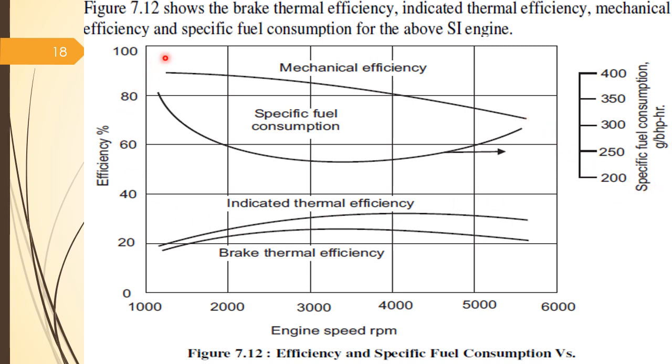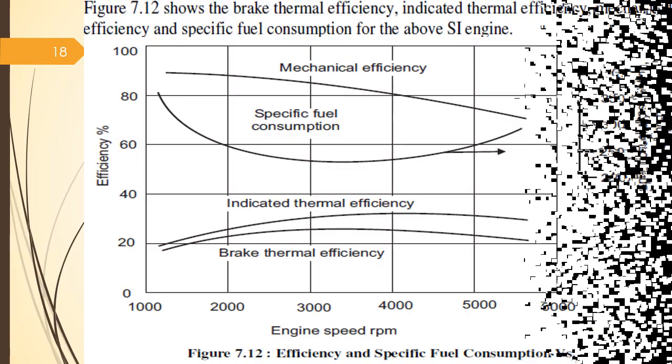So this is just a graph to give you a broad idea about how the efficiencies and specific fuel consumption vary with variation in the engine speed, and on the y-axis efficiencies are there.